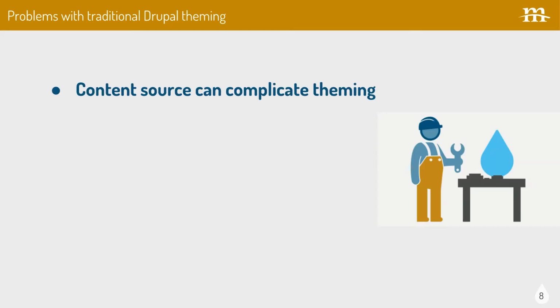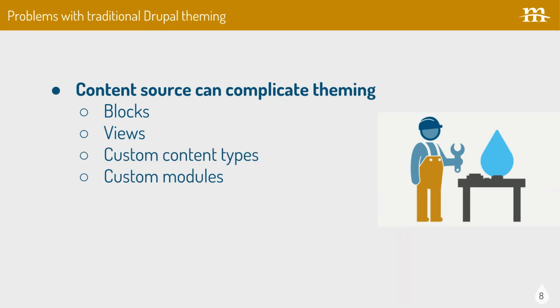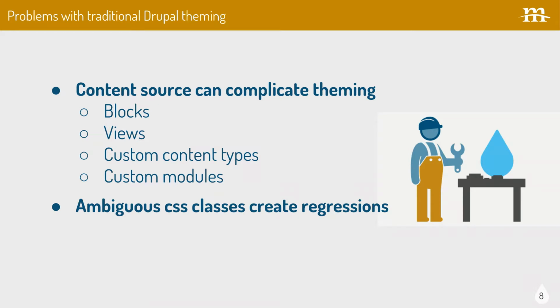But there are other aspects of development that contribute to problems. The markup could be affected by blocks that we use in Drupal, views, custom content types, custom modules, the ambiguous classes and markup. The problem with something like what we saw earlier is that the classes are so general that they will appear anywhere on your website.